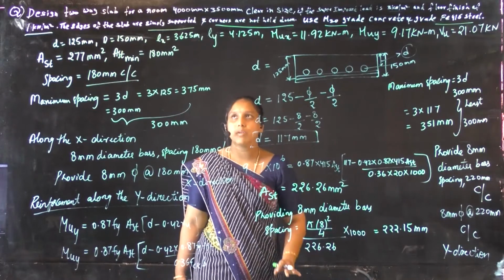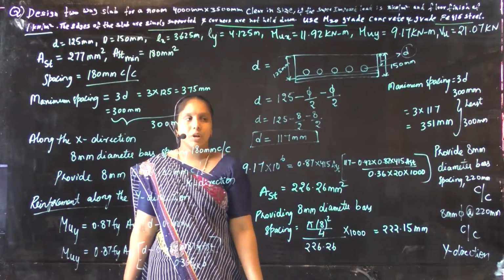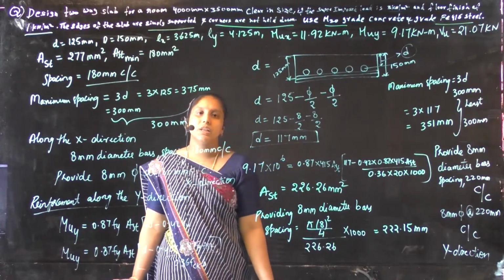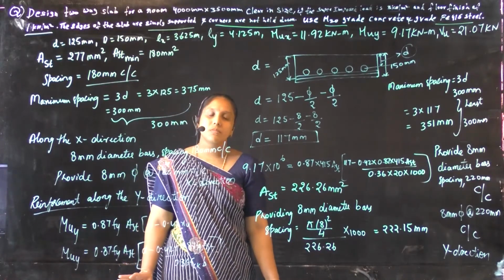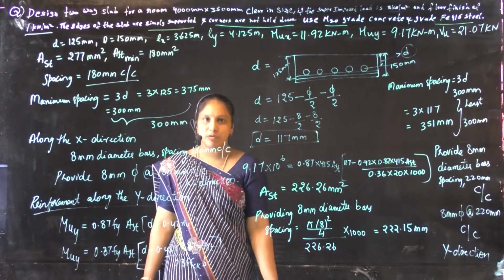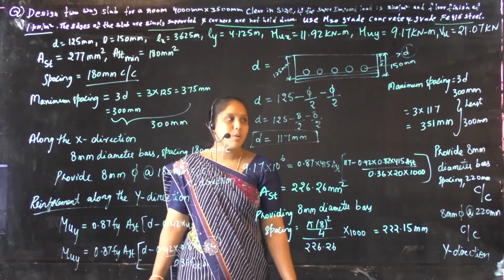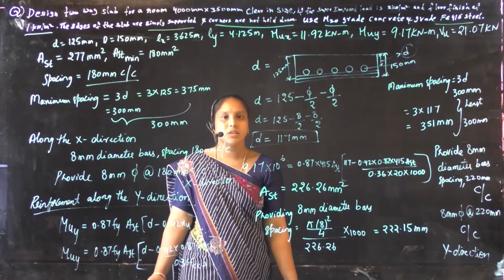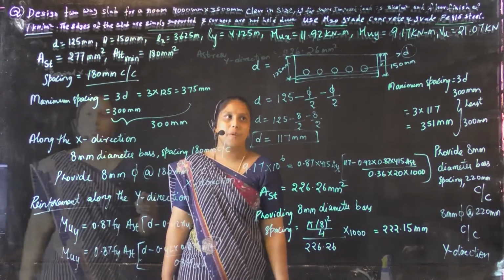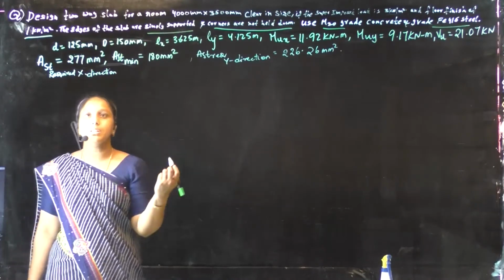So now we have designed the two-way slab. We have calculated the thickness of the slab, we have calculated the area of the steel reinforcement also which has to be provided. Now what we have to do? We have to go for the check. Now let us check for the deflection. Now we have to check for the deflection.